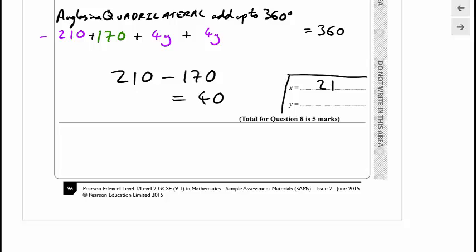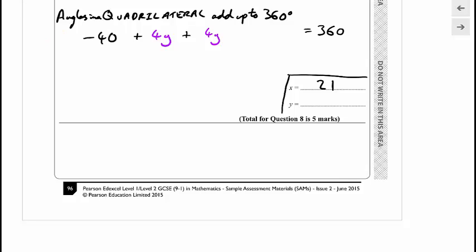So if it's 210 take away 170, that's easy, that's 40. But it's not. It's negative 210 plus 170. So does it make sense that the answer should be positive? No, it doesn't. It should make sense that the answer should be negative. So it's just negative 40. So this bit here is just negative 40, okay?